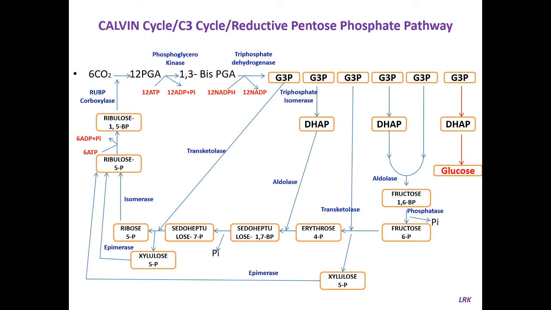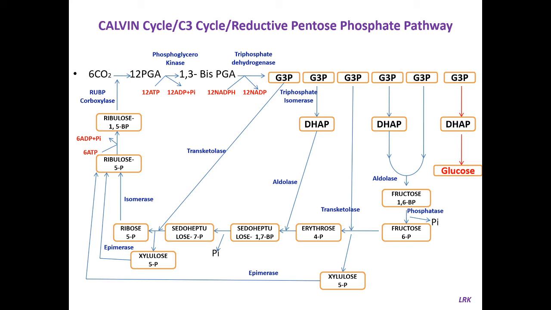One molecule of glyceraldehyde 3-phosphate and one molecule of DHAP condense, forming one molecule of fructose 1,6-bisphosphate in the presence of the enzyme called aldolase. See here, one molecule of DHAP and one molecule of glyceraldehyde 3-phosphate condense in the presence of aldolase and form fructose 1,6-bisphosphate.